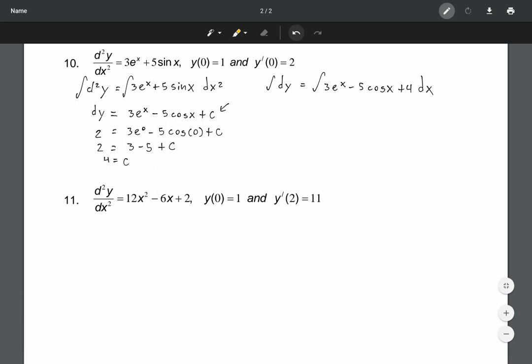Now, the antiderivative of this is y. So this is what it means to find the solution of a differential equation. We want to get to y. So the antiderivative of 3e to the x, well, that's just the same thing. The antiderivative of negative 5 cosine of x, the antiderivative of cosine is sine, all right? So this is not going to change the sign. It's going to stay the same.